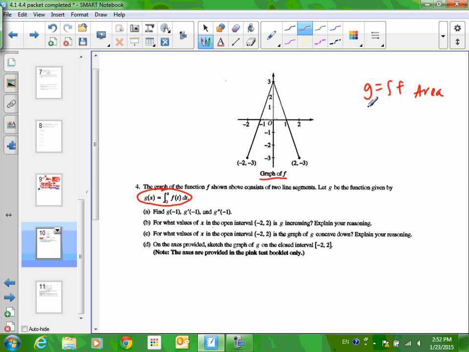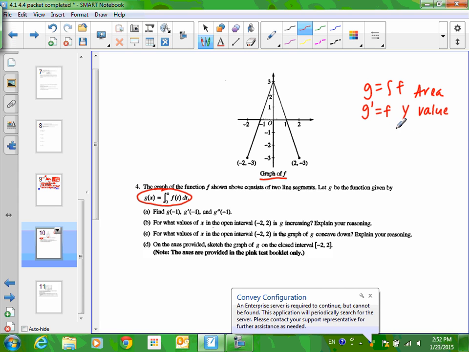Like if you take the derivative of g, you would get g prime. And if you took the derivative of this, you would get just f. And what word, or words in this case, should you put after that? Y values. So it's the same idea, and it's going to help you in the long run. And then the last thing you put is g double prime equals f prime, which is the slope.